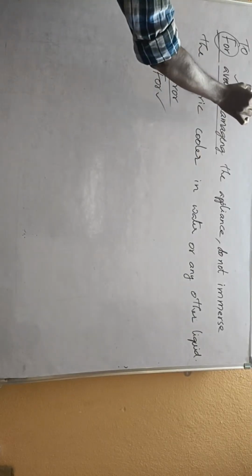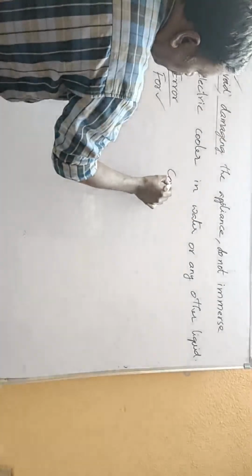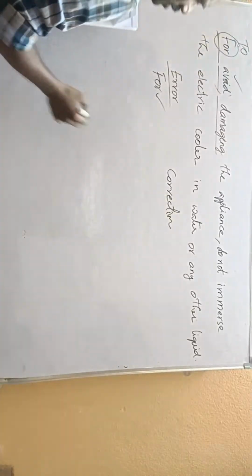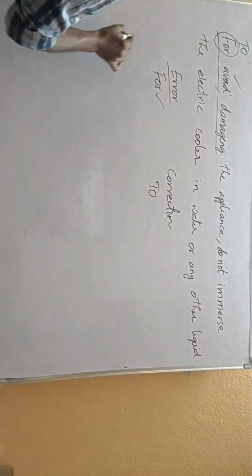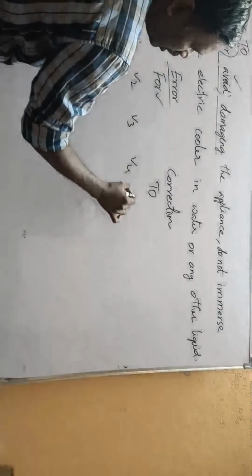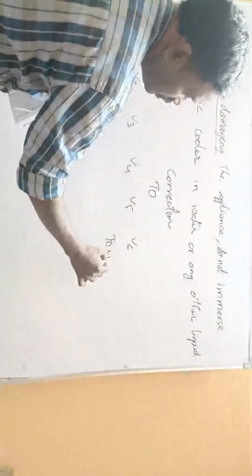So, here the verb, and I already told you that every verb has 6 forms, that is V1, V2, V3, V4, V5, V6 finally. This V6 is formed by to plus V1.